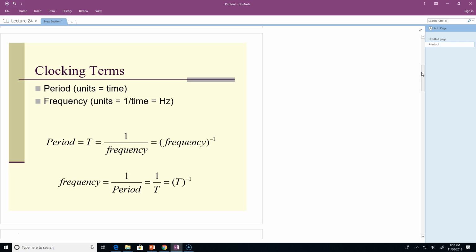Hertz is equivalent to seconds raised to the -1 power. Once you flip that over, it becomes seconds, which is time, which is the period. So once again, when you're talking about period, it's a time measurement. When you're talking about frequency, generally speaking, it's a frequency measurement.